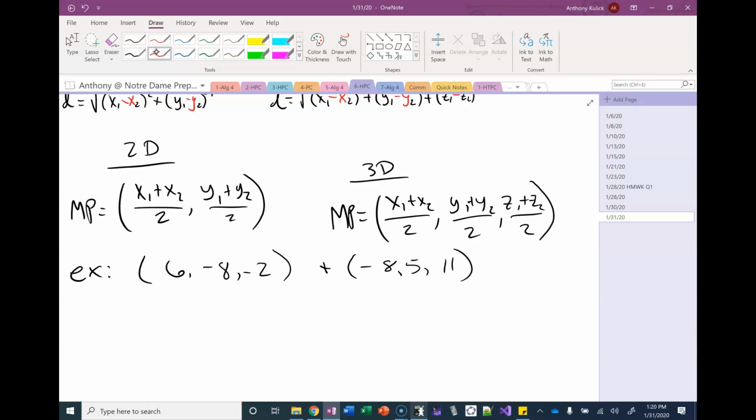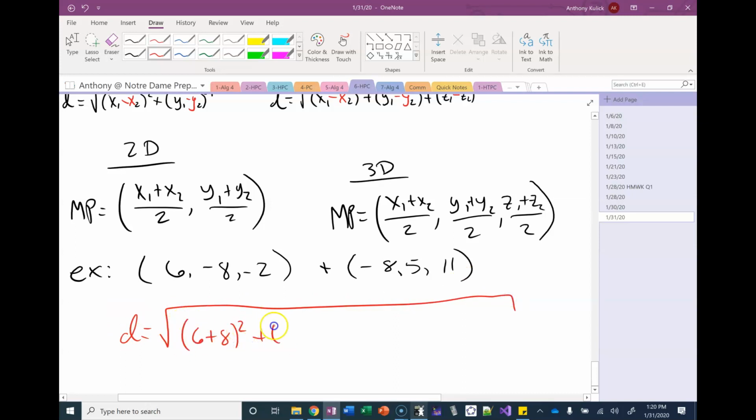So let's say we have these 2 points, and we want to find the distance and midpoint between them. Everybody okay there? Just filling into a formula, right?